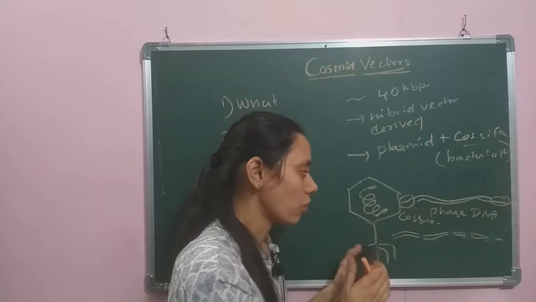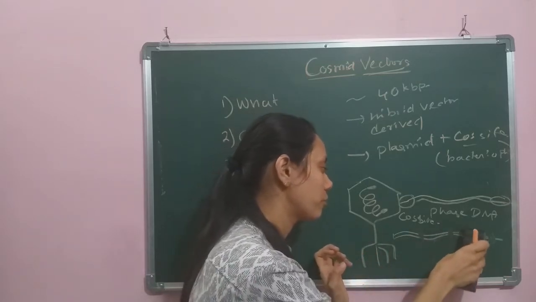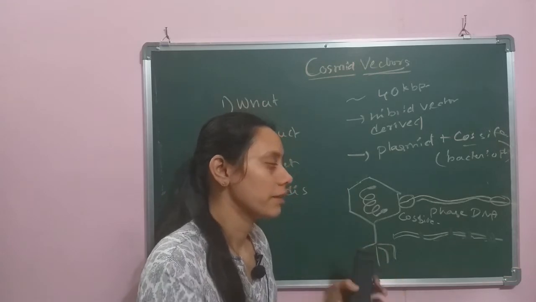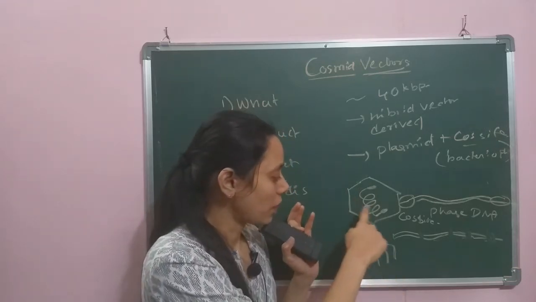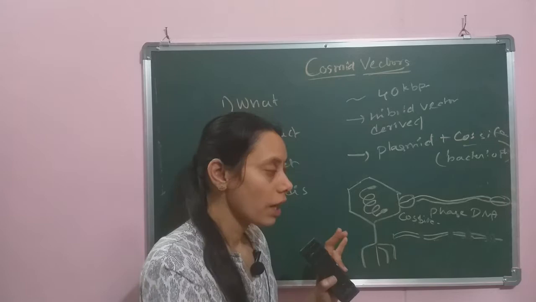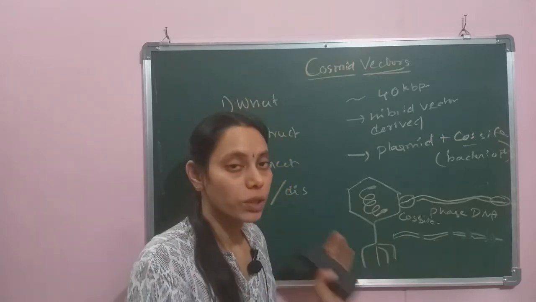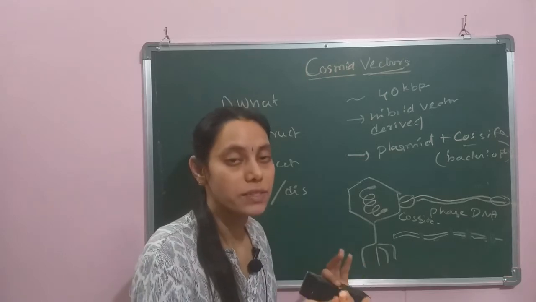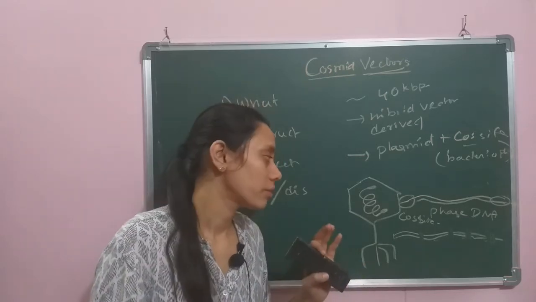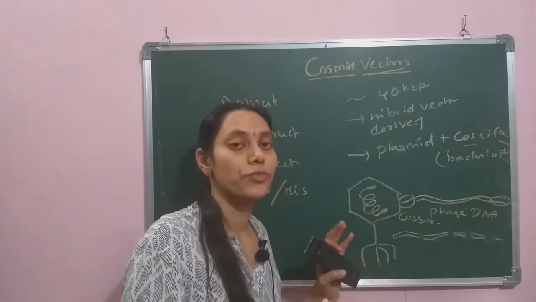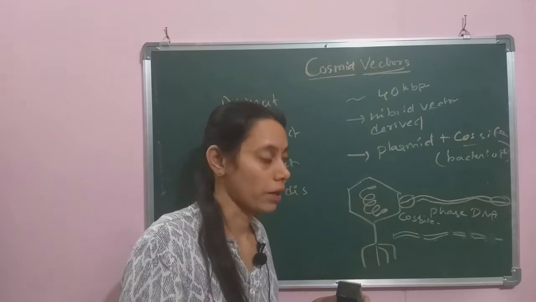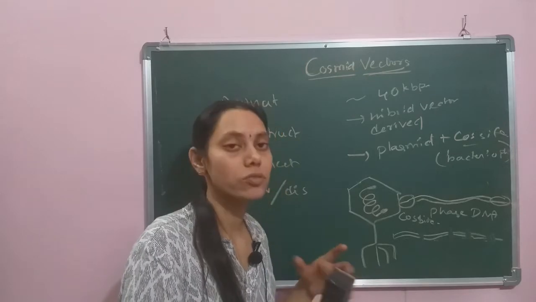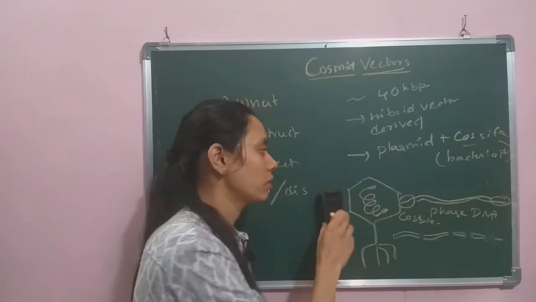Due to the presence of cos sites, it will be cleaved into single units of phage DNA, and that will be packaged into phage protein coats, and again it bursts the bacterial cell and the lytic cycle continues. The bacterial cell will be lysed, and the bacteriophages will go and infect other bacteria. So that is the simple process of the bacteriophage cycle.